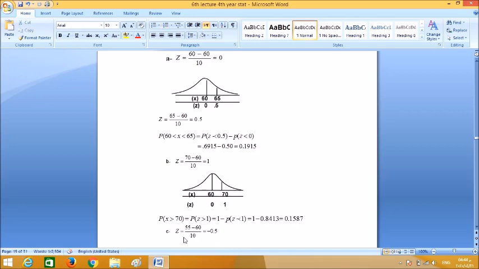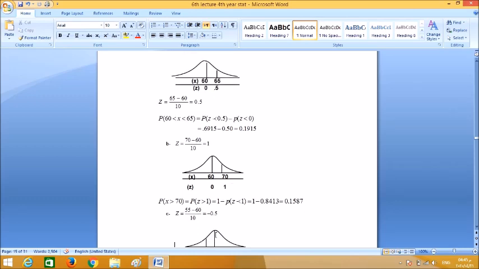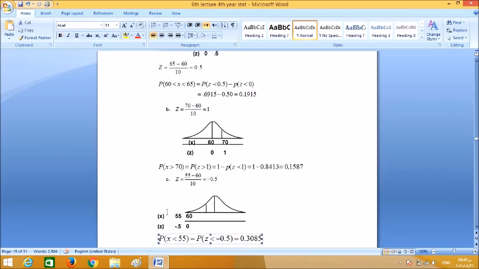And number C, the probability for 55: when x equals 55, z equals minus 0.5.